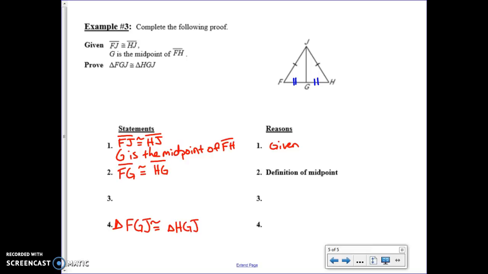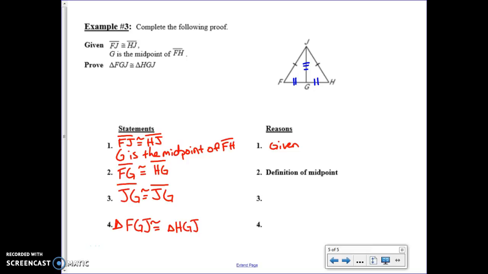Then I notice I only have one more side that's not marked, and that side matches up to itself. So I can go ahead and say that it is congruent to itself. So JG is congruent to JG, and I have to put the bar over both of them.